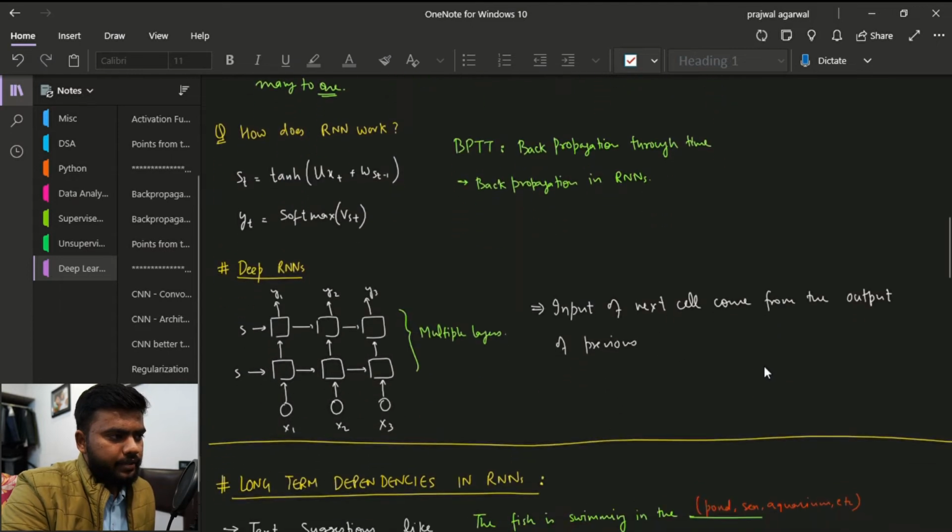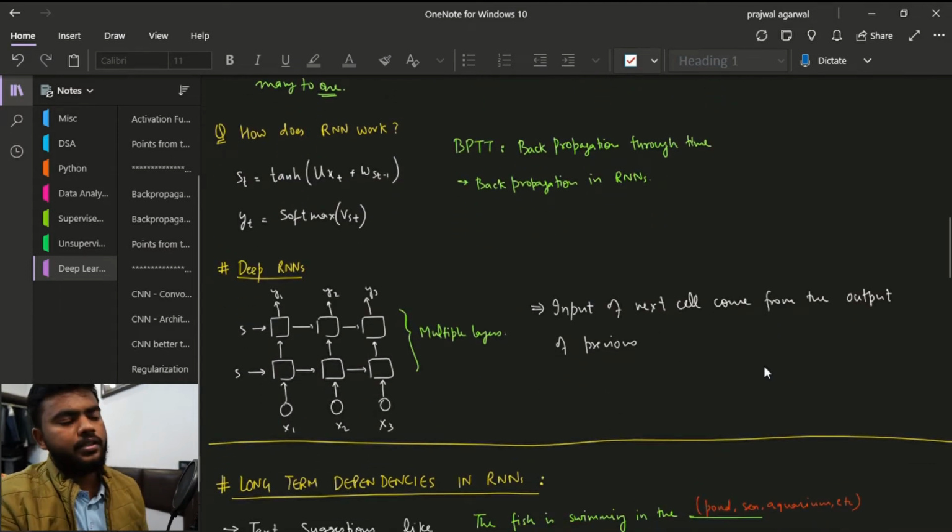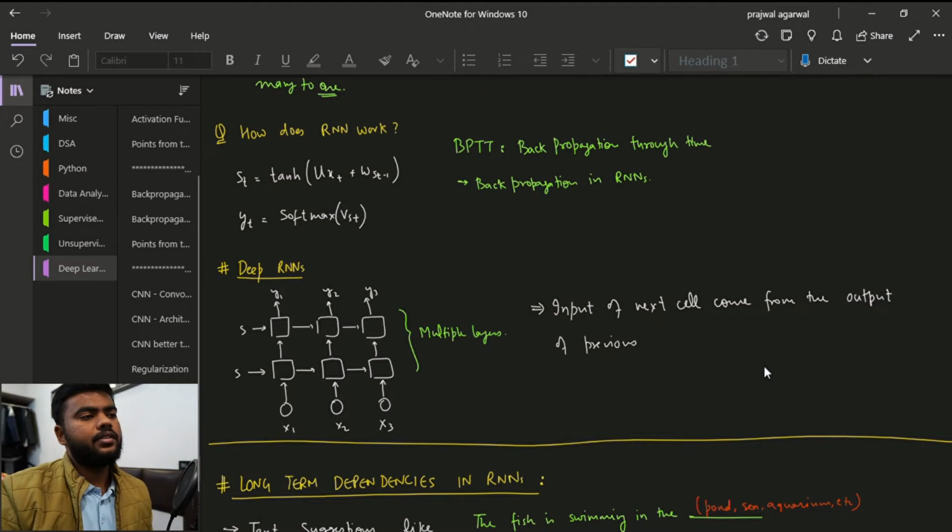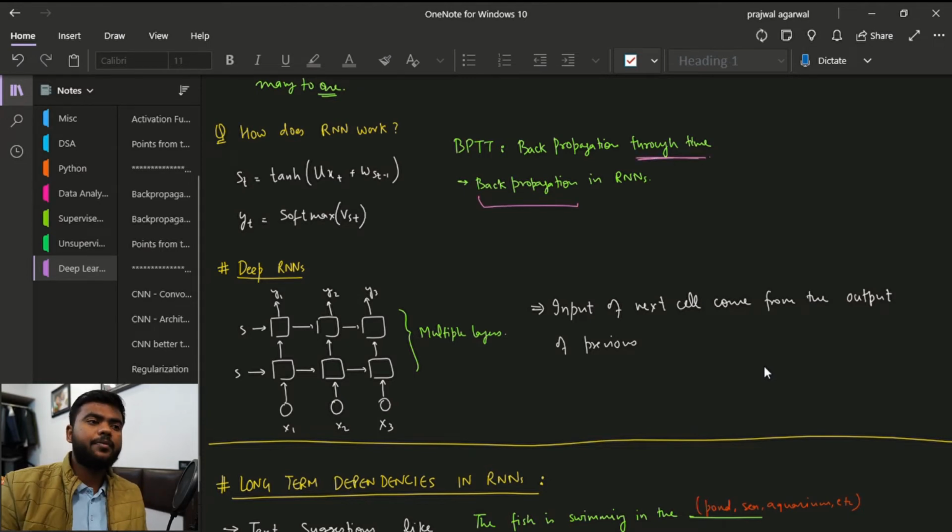So let's see how RNNs work. RNN uses this concept of back propagation, but through time. This is the type of back propagation that happens in RNN.